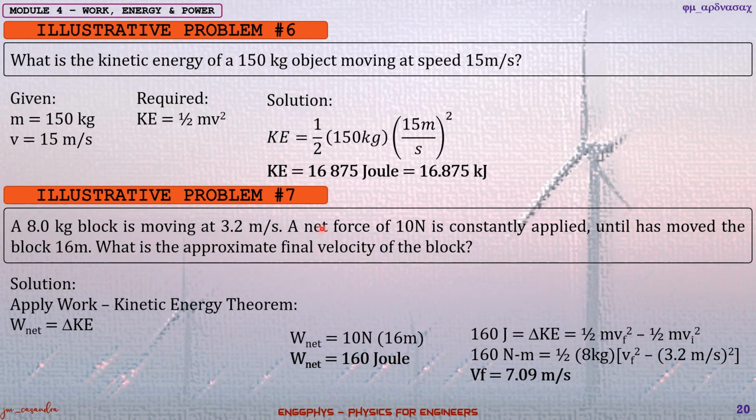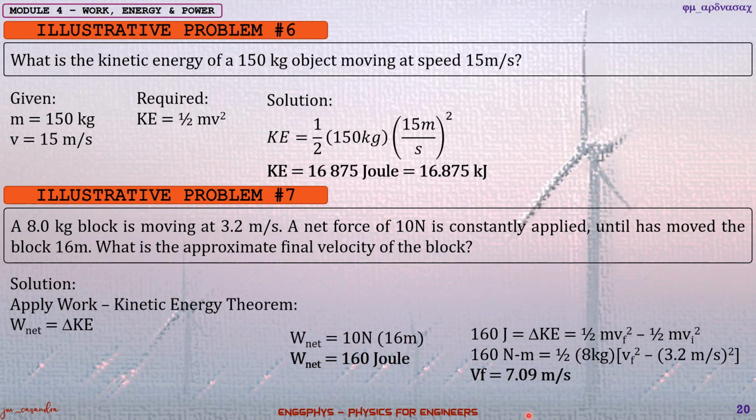So it means that the net force of 10 newtons will cause a final velocity of 7.09 meters per second, since 16 meters lang ang kanyang na-travel. Magbabago ulit yung final velocity natin pag nag-iba yung displacement ng object ninyo that is caused by the force.